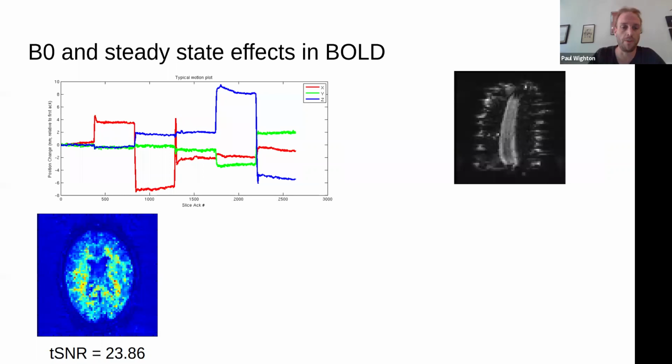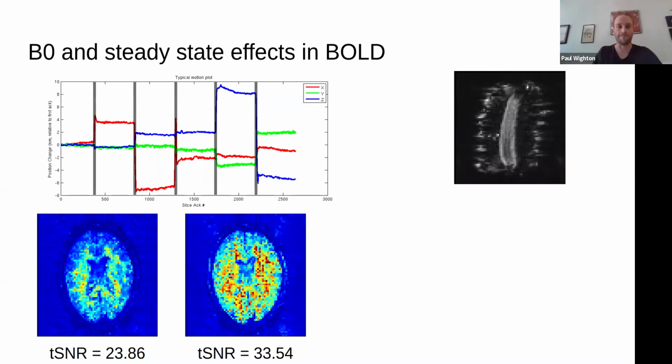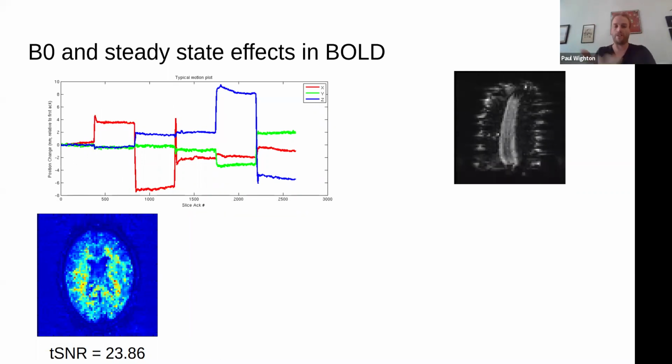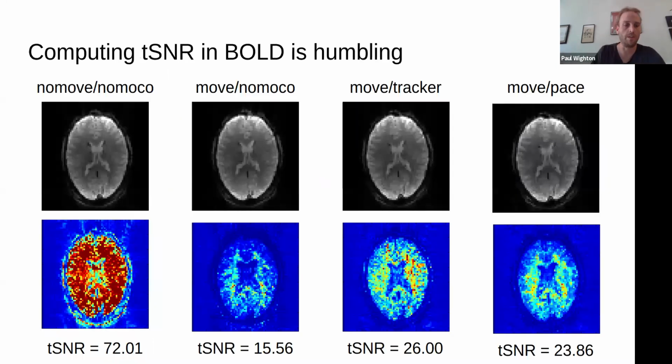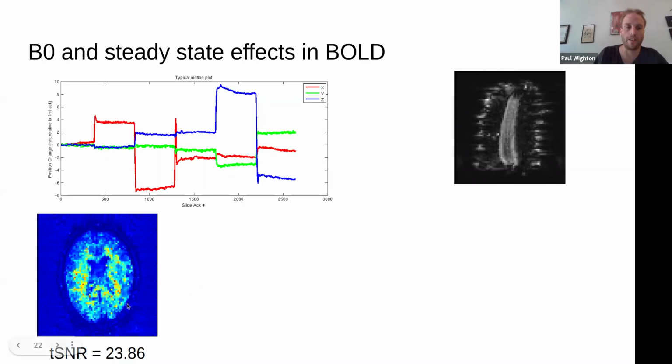So here's just an example of an fMRI acquisition with quite a bit of motion. It's a decent amount of motion, but it's not crazy, right? All within a centimeter here. The scale is millimeters here, so there's no translation over a centimeter. But still, that kills your SNR when compared to something like this.